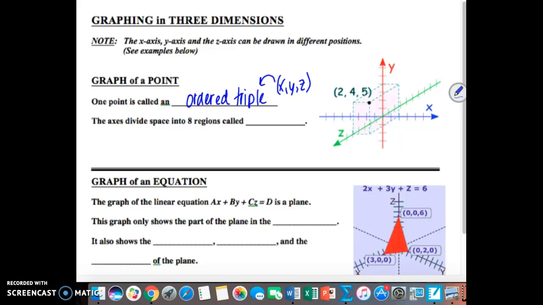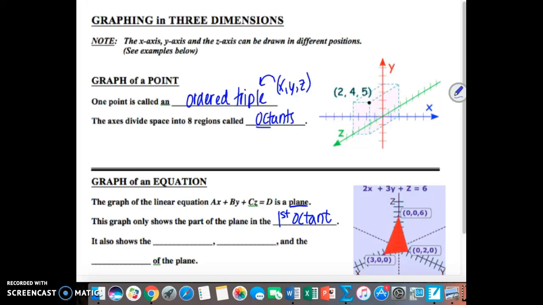The axes divide space into 8 regions called octants. Since there's 8, that's where we get that oct from. So the graph of a linear equation in the form ax plus by plus cz equals d is referred to as a plane. This graph only shows the part of the plane in the first octant.